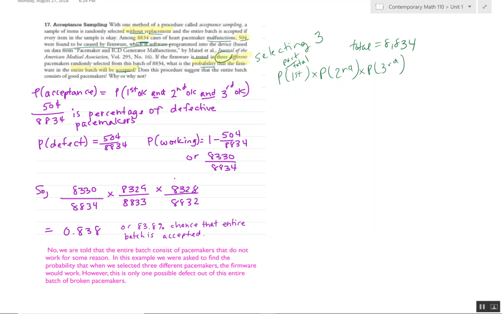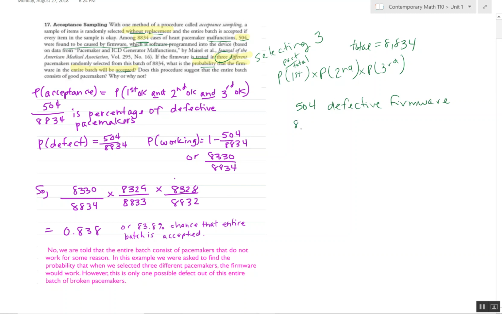And so we need to look at that positive amount. We're told that we have 504 had defects from the firmware. So if 504 are defective firmware, then I need to know the total that work, that don't have the defective firmware.